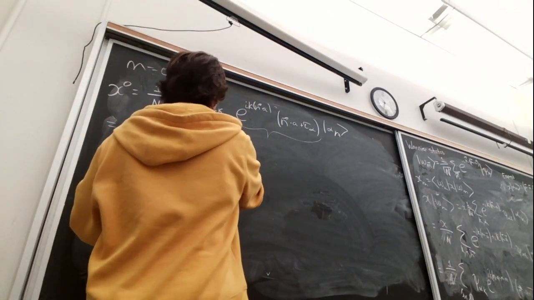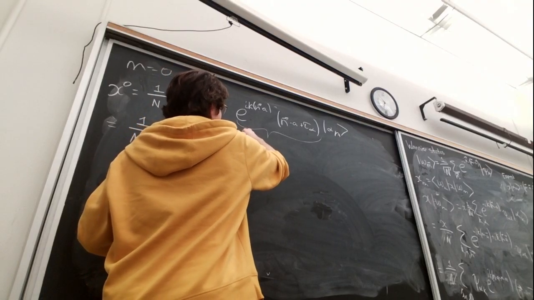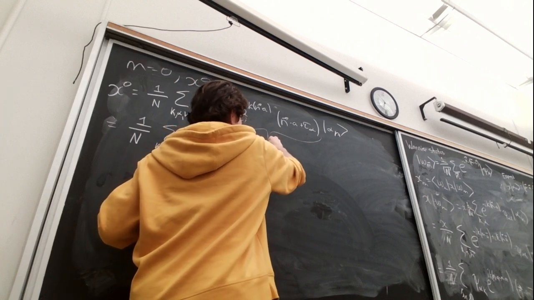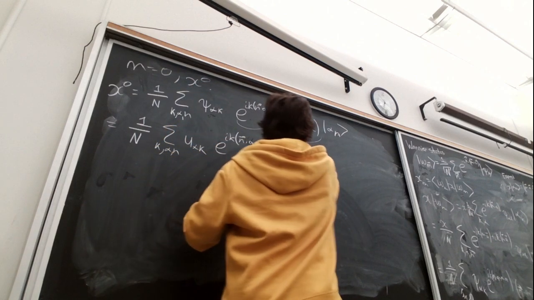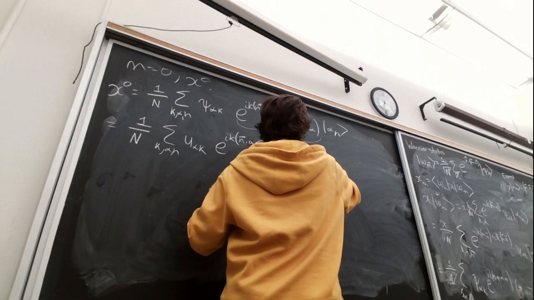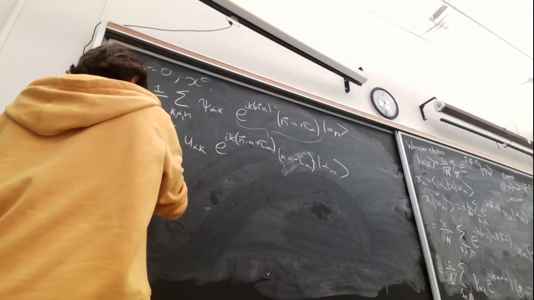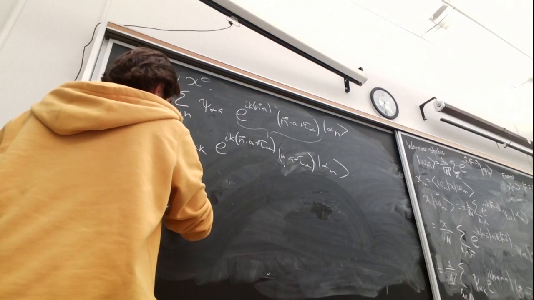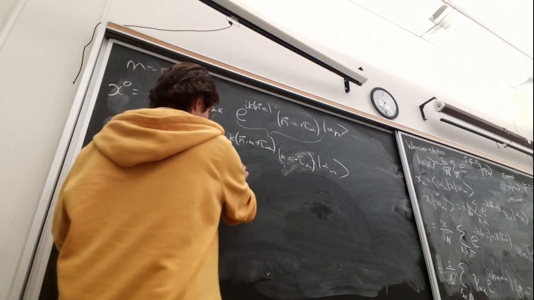And so now, if I write this, this will now be i k n dot a plus tau alpha, alpha n, whoops, times this thing. Okay, you don't need to write this line, just write the next line. And so this is then just 1 over n, k alpha n, and then u alpha k, just times what?